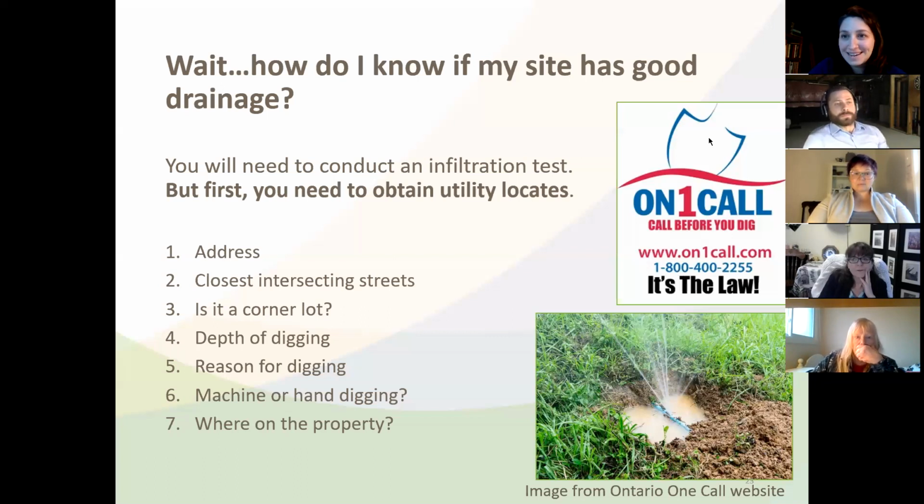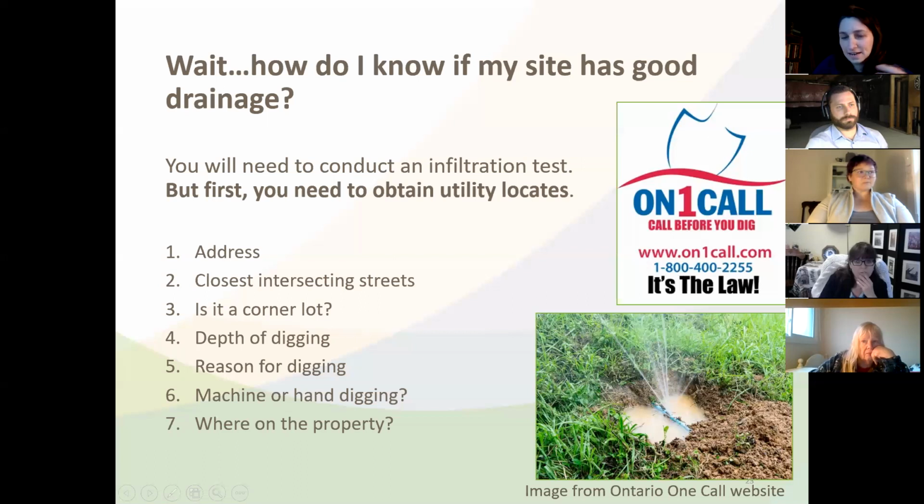It varies, but right now the spring tends to be peak time, and so it can take a little bit longer. Sometimes you can get them within a week, but often right now it's good practice to plan 2 or 3 weeks in advance of when you want to start digging, just because volume is high at this time of year.